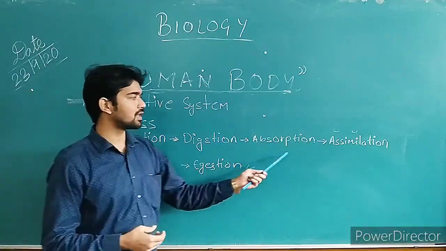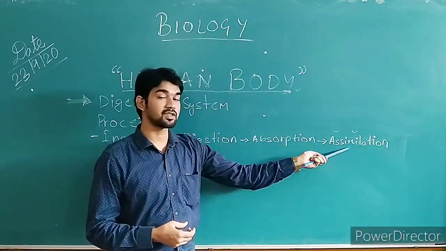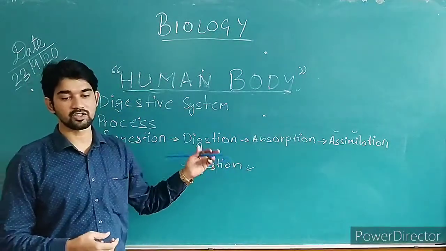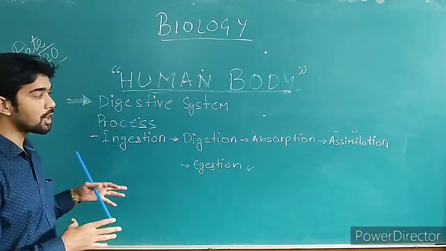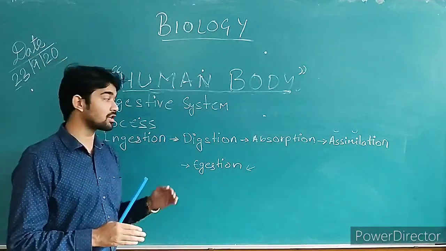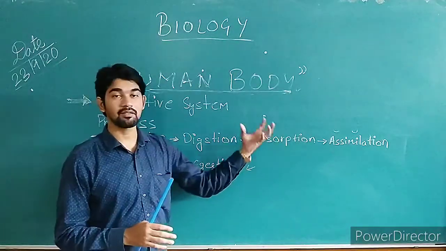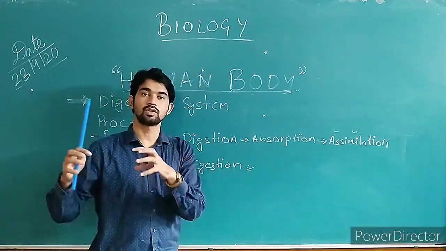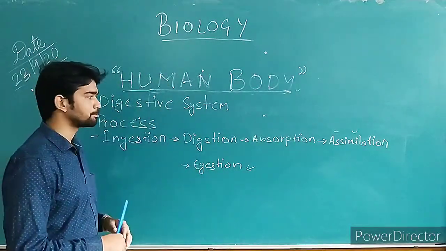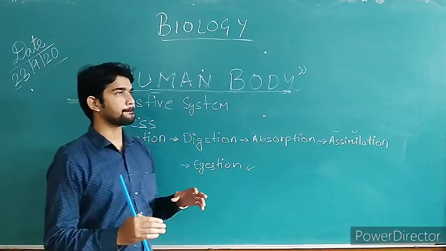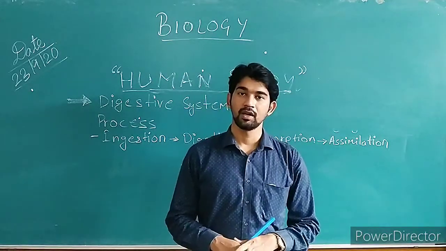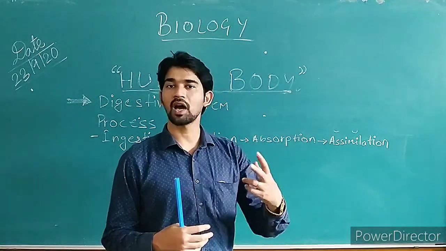After that, the next step comes, which is called assimilation. Assimilation is the stage where absorbed food gets utilized, or the nutrients that you have absorbed get utilized by different kinds of processes that are happening. Just for a fact that you should know, in our body system there are two kinds of processes.